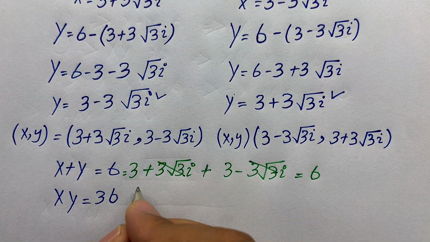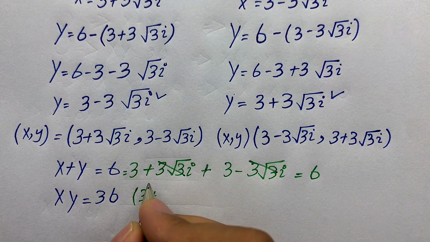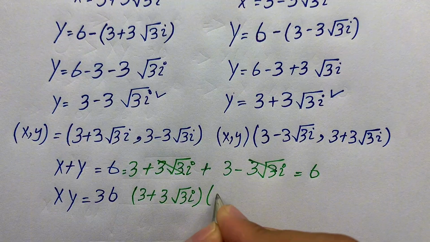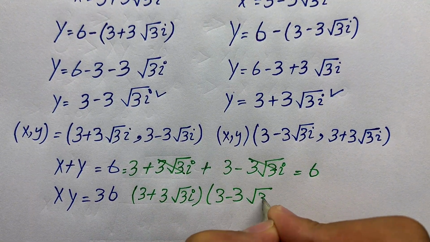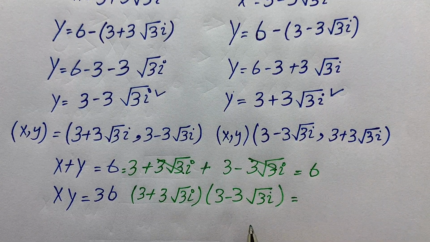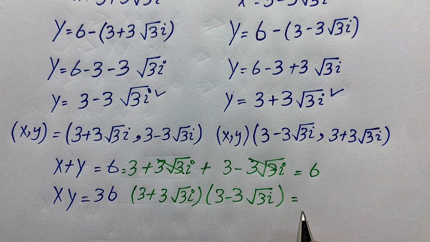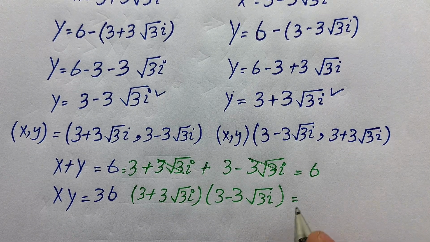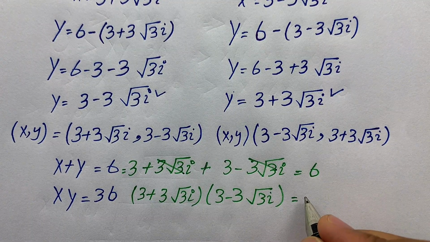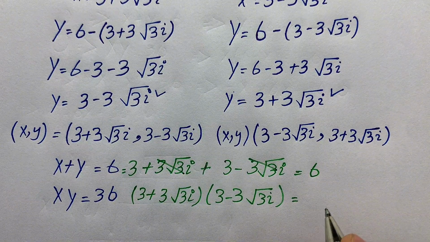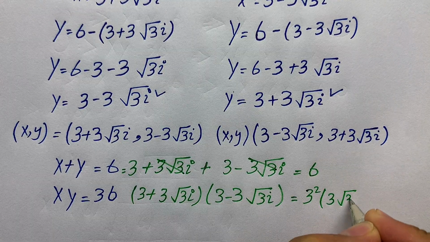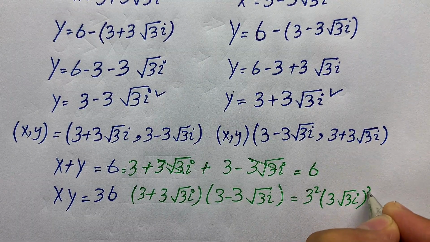And now for xy, it is 3 plus 3 into square root of 3 iota, times 3 minus 3 into square root of 3 iota. That is equal to 3 square minus, 3 square into the square root of 3 iota whole square.